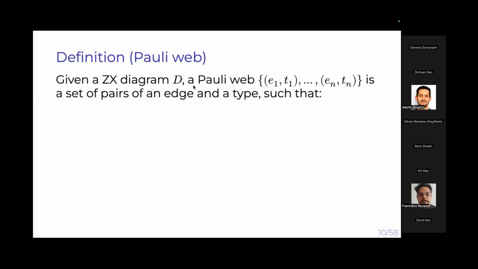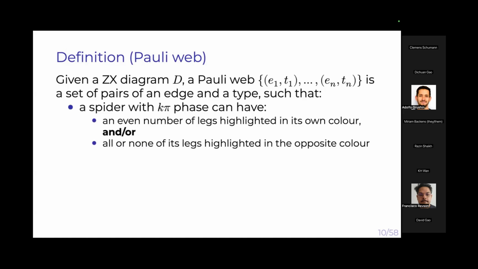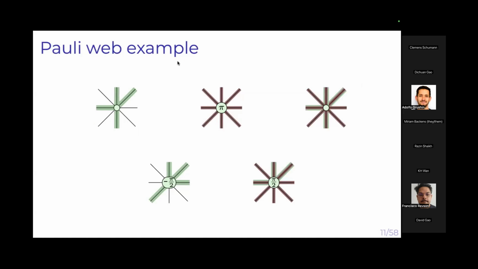So given a ZX diagram D, a polyweb is a set of pairs, each pair containing an edge and a type, such that, and this is going to be quite complicated, a spider with a polyphase can have an even number of legs highlighted in its own color and or all or none of its legs highlighted in the opposite color. So I'm going to skip ahead and just give a couple of examples.